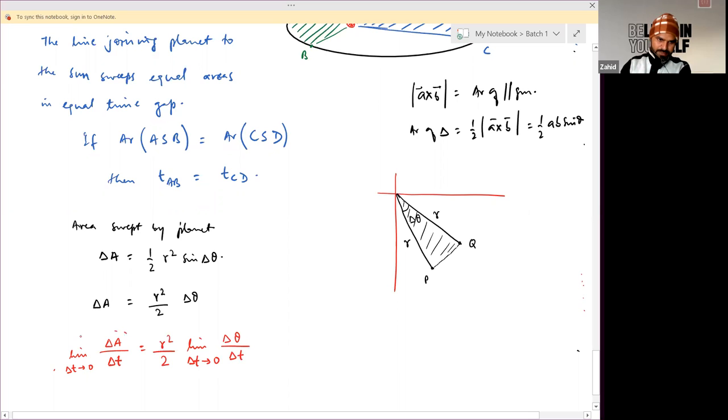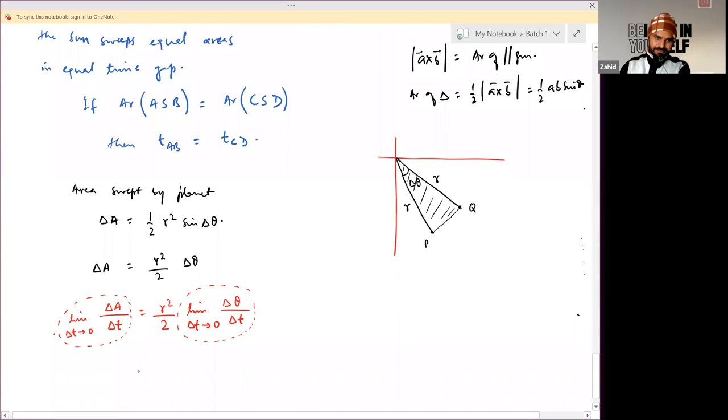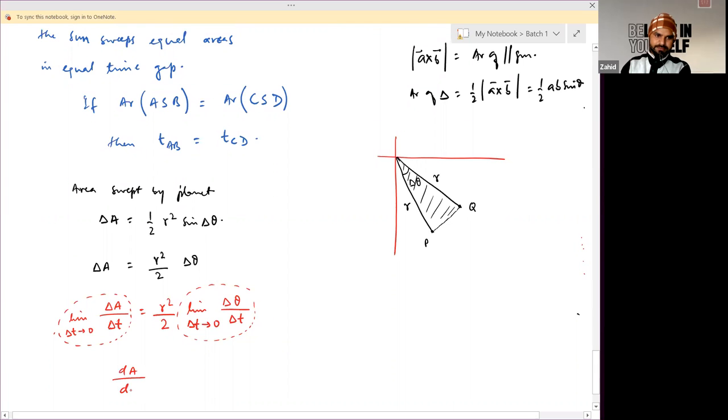Now this entire part is nothing but dA by dt according to calculus. Similarly, this entire part is nothing but d theta by dt. So we can write dA by dt equals R square by 2 times d theta by dt.